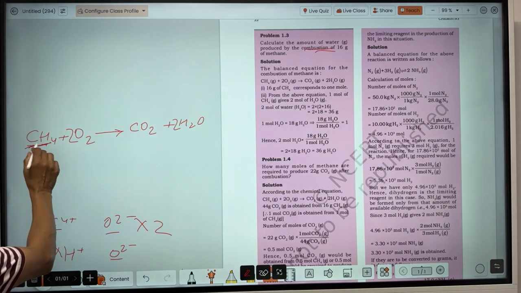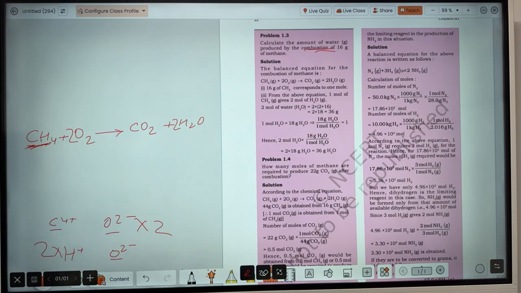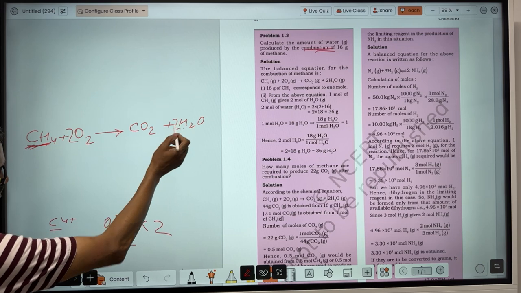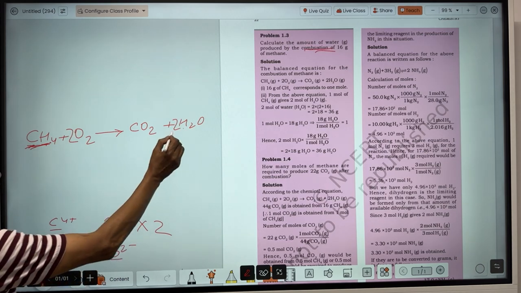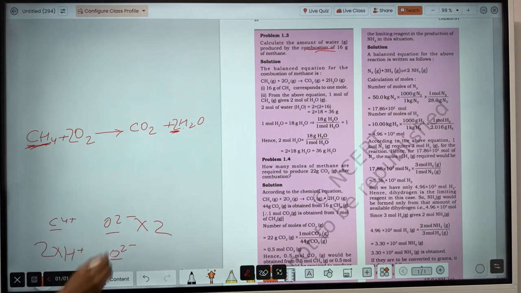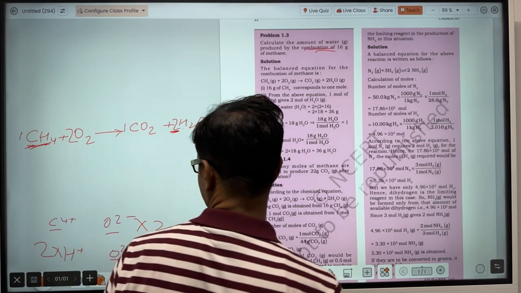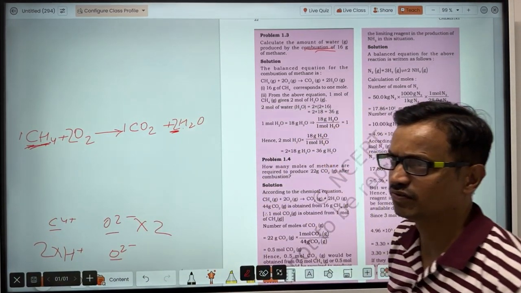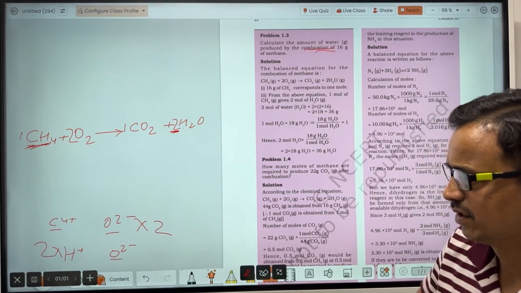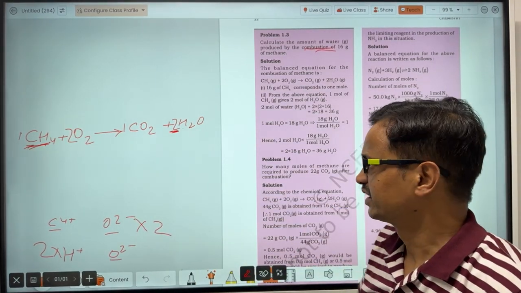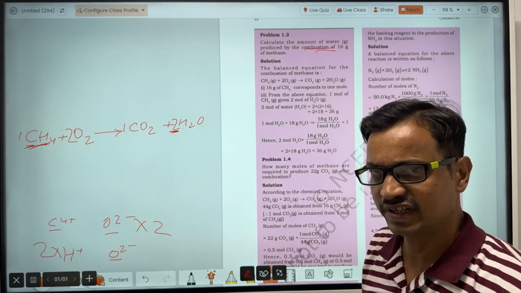For 1 mole of methane, the stoichiometric coefficient is 1. For water, the stoichiometric coefficient is 2. Where nothing is written, that means 1. So one molecule of methane gives 2 molecules of water, or in other words, 1 mole of methane gives 2 moles of water.